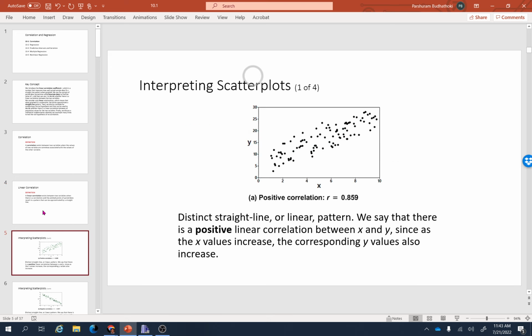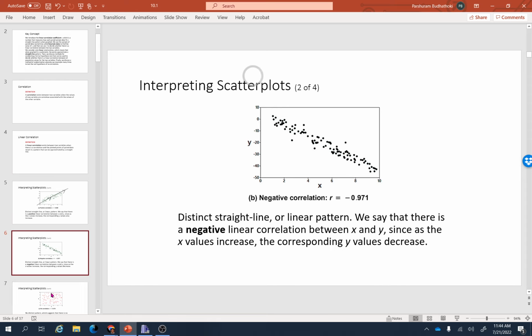Some examples here. We are plotting the data, x values and y values, and as you can see, when x is growing, y is also growing. Somehow, it's linear. If I draw a line like this, it's going up, so it's a positive correlation.